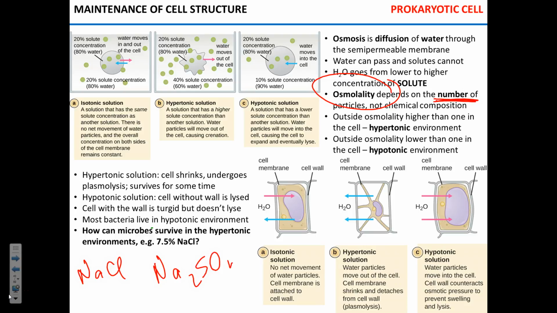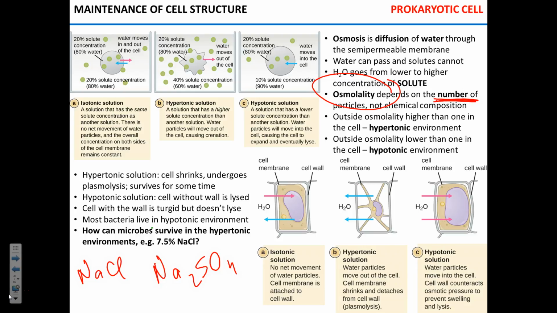What about sodium sulfate? How many ions? Three. Two sodium and one sulfate. Does that make sense? Now, if you take the same concentrations of sodium chloride and sodium sulfate, which solution will have higher osmolality? Sulfate, right?